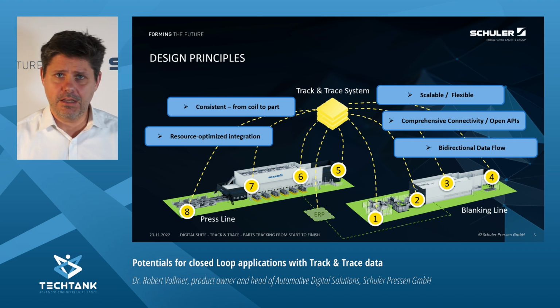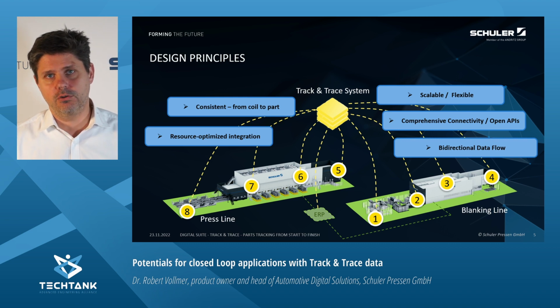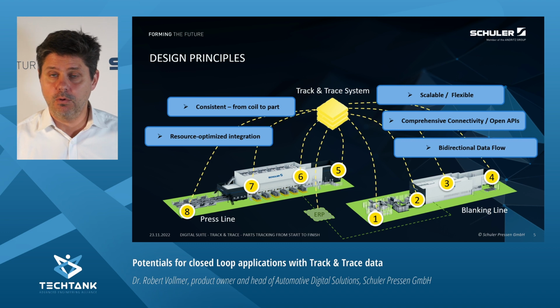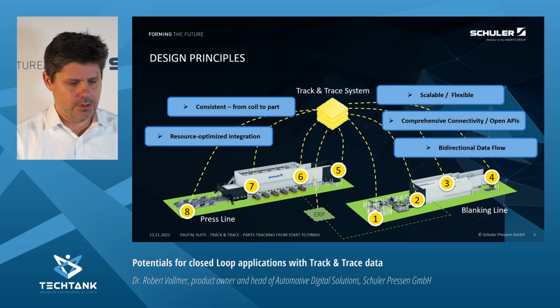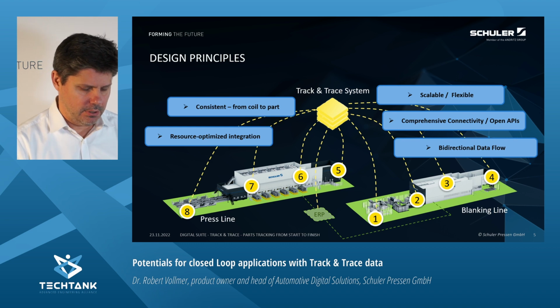And this is essential when we are talking about closed loop applications. We have to feed information and data back to the production line, giving also the possibility to react to the current situation with this data. So our solution was built in its architecture as a bidirectional data flow solution.